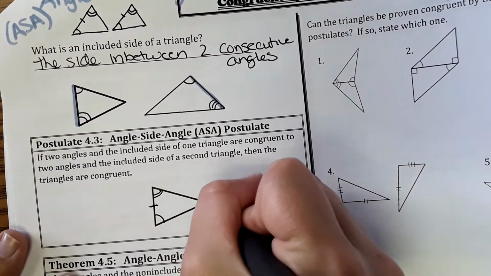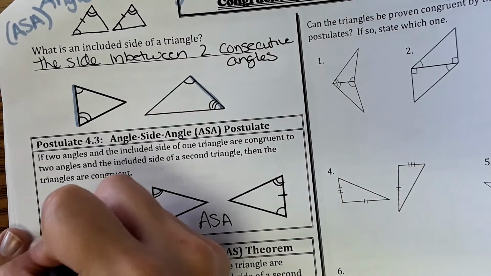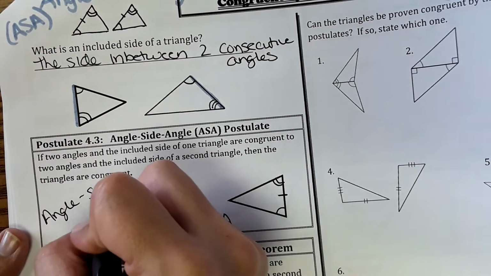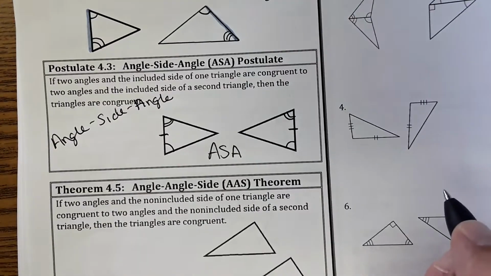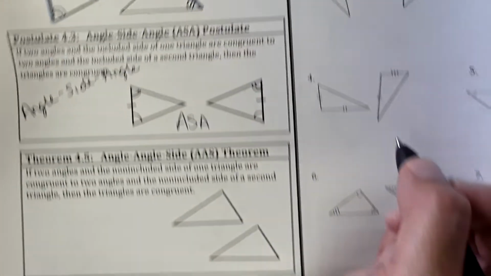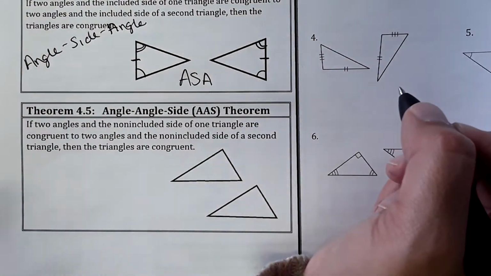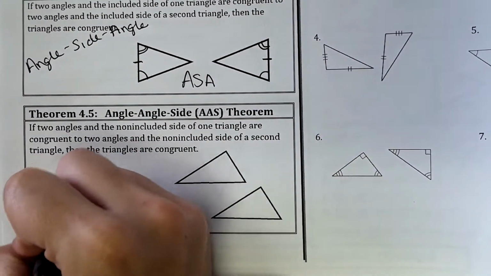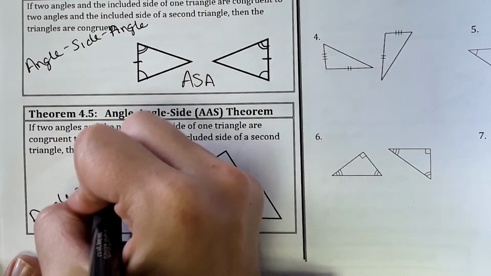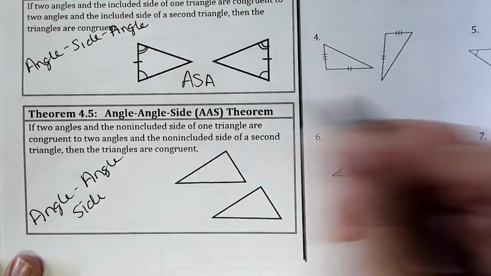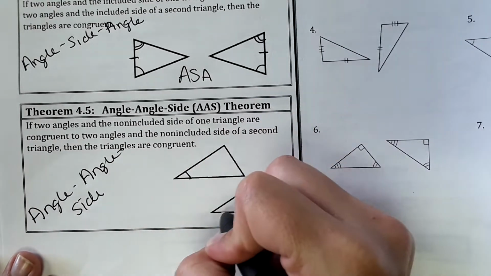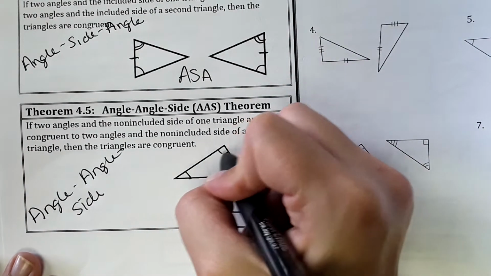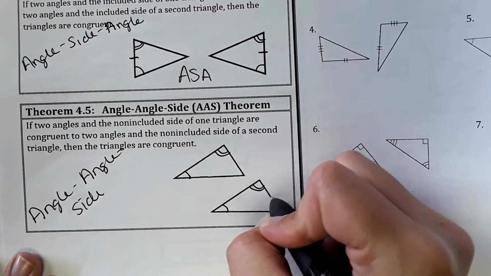So it's abbreviated ASA. Angle, side, angle. And then angle, angle, side would be like this.